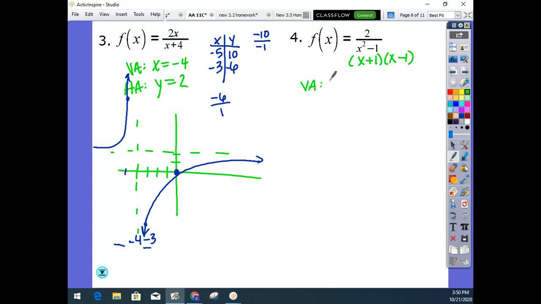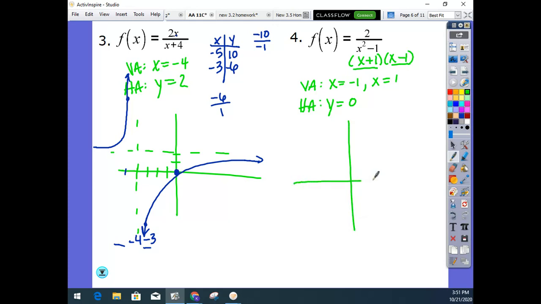So my vertical asymptotes: x equals -1 from this factor, x equals +1 from this factor. My horizontal asymptote: notice the degree of the top is 0, the degree of the bottom is 2. Anytime the degree is bigger in the denominator, it will always approach y equals 0.